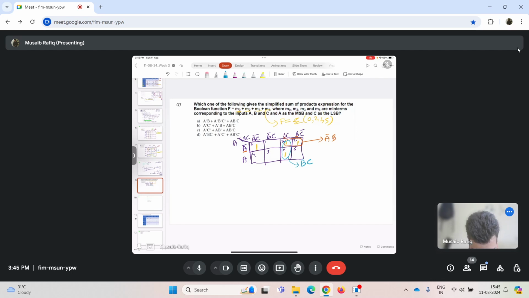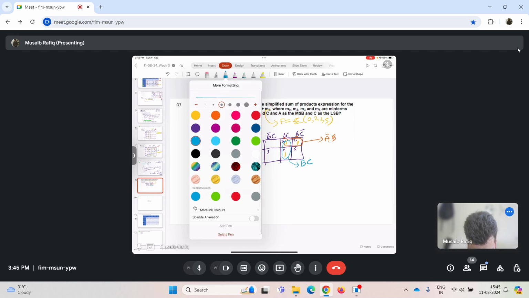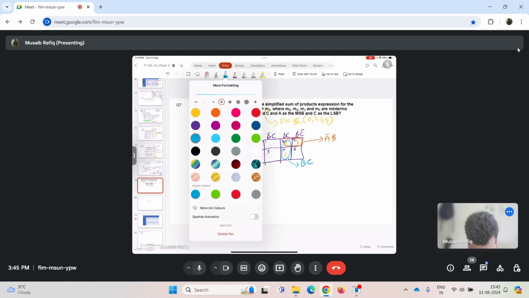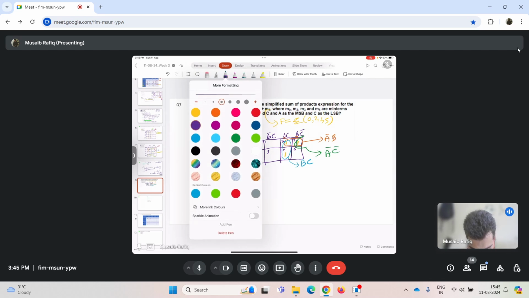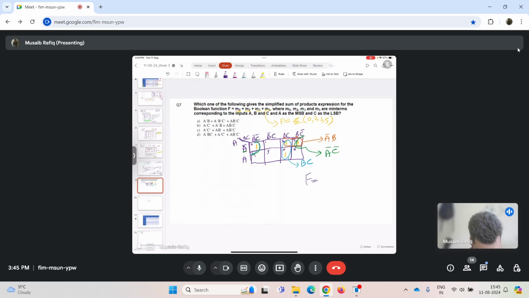And then I have this pair whose contribution is A bar and C bar. So my final output will be F is equal to A bar B, this term, plus A bar C bar. I think I made a mistake here, right?